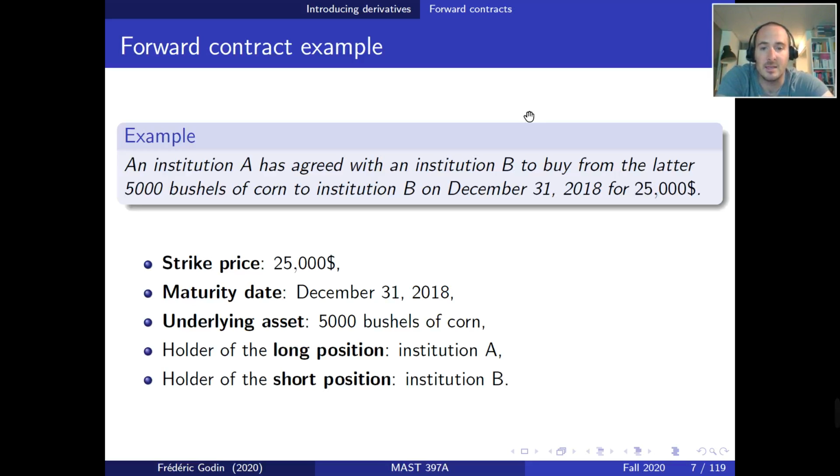The underlying asset is 5,000 bushels of corn. The holder of the long position is institution A because it's the institution which will receive the underlying asset, and the holder of the short position is institution B because it's the institution which will be forced to sell the asset in the future.